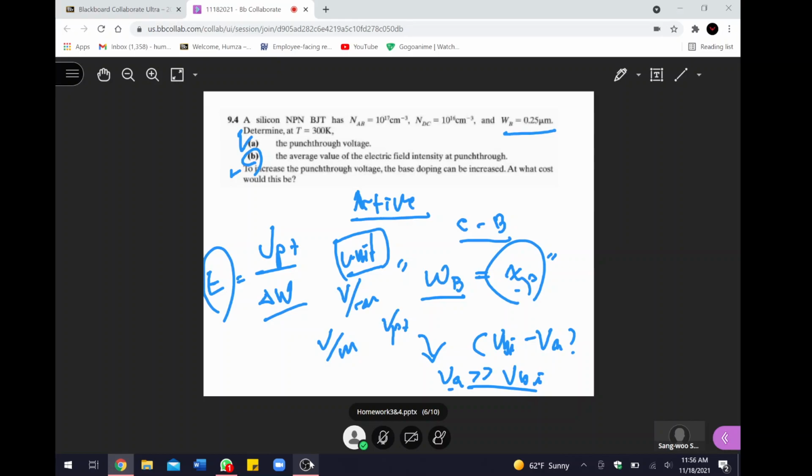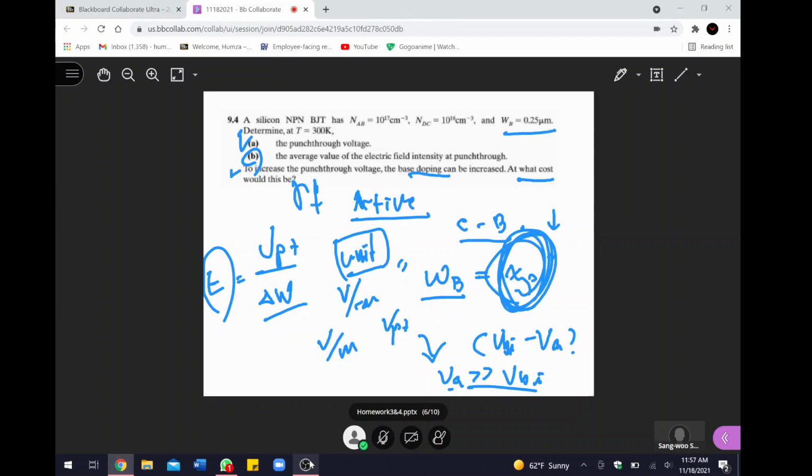Because the base doping is increased, the depletion width in the base changes much more slowly as you increase the voltage. But when we increase the base doping, we have a problem in the BJT: the injection efficiency is going to be lower.